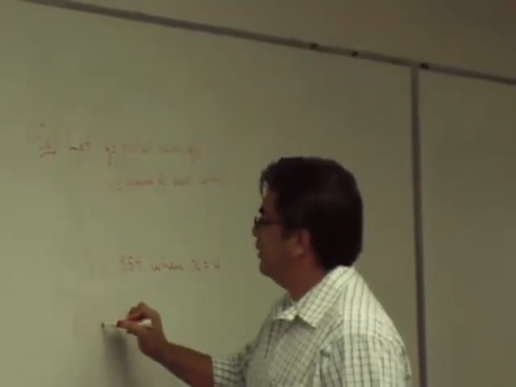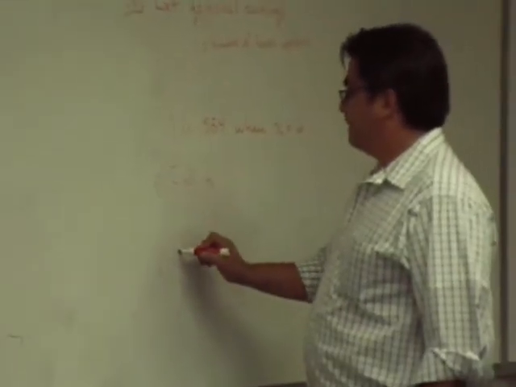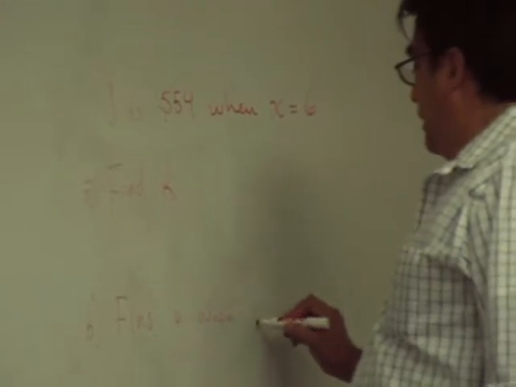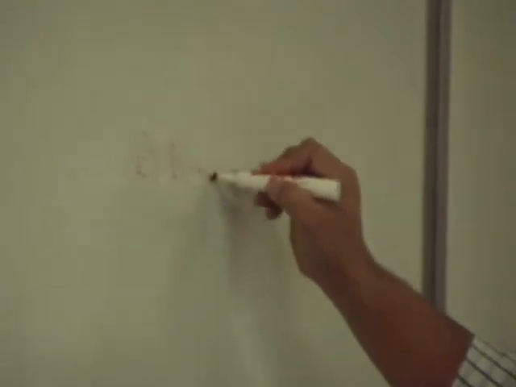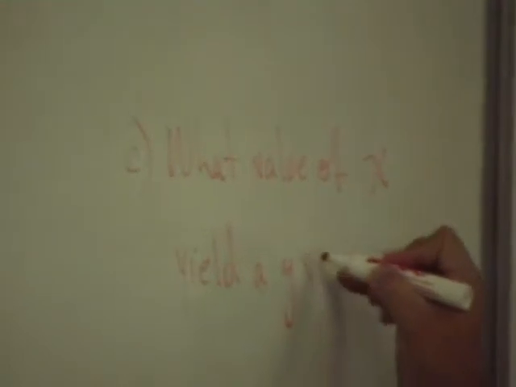The first thing you need to be able to do with one of these is (a) find k, (b) find y when x equals 8, and (c) what value of x yields a y value of 80.